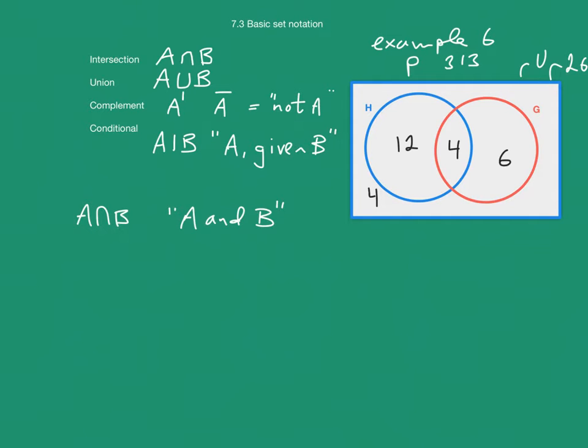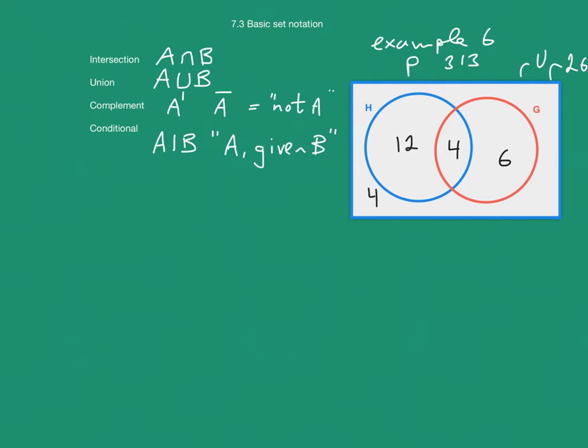And it's obvious that this is both H and G. I suppose I should have written H and G instead. So H intersection G means H and G. And this is the only area in the diagram that contains both H and G elements. So these 4 students, they study both history and geography.